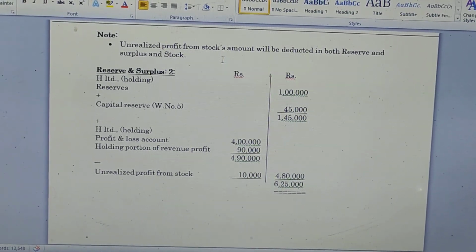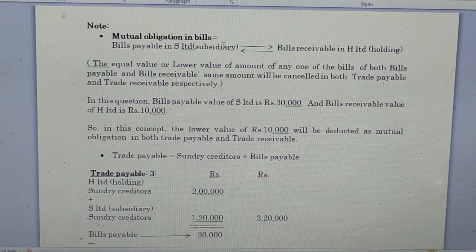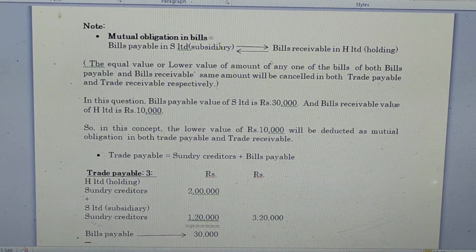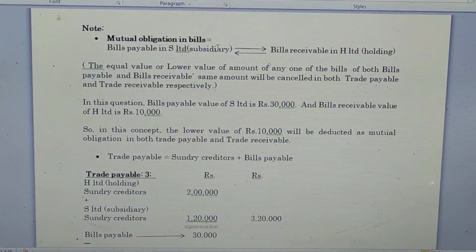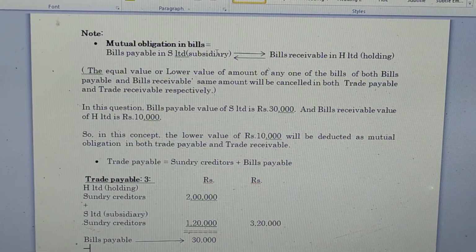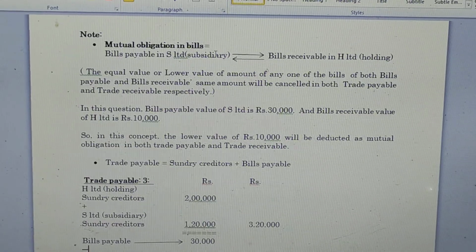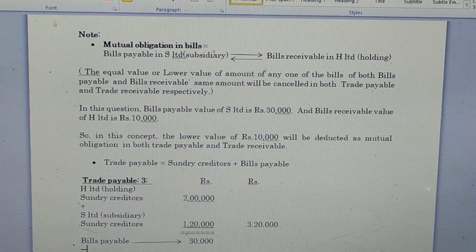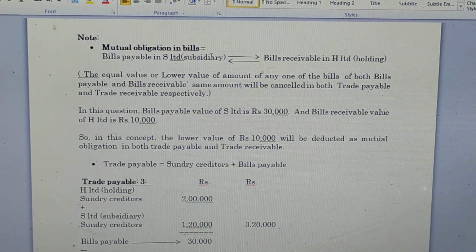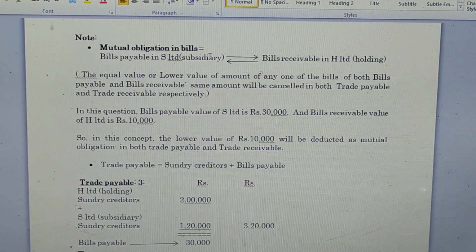Then we are going to calculate the trade payable. Before calculating the trade payable, we should know this note information: mutual obligation in bills. Bills payable in S Limited, the subsidiary, and bills receivable in H Limited, the holding company.